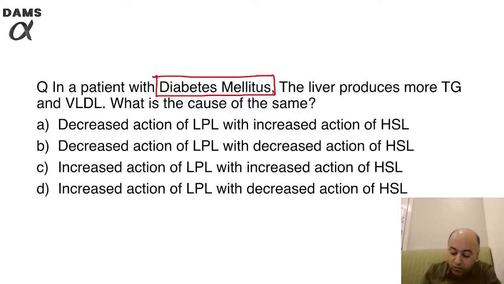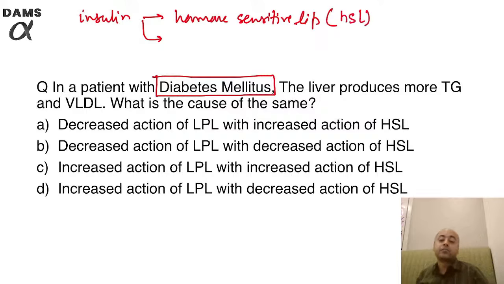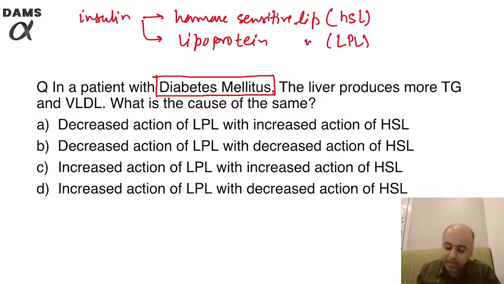So, in the background of this information, what you have to remember is that insulin has action on two very important lipases. First is the hormone sensitive lipase, commonly written as HSL, and second is the lipoprotein lipase, which is written as LPL.